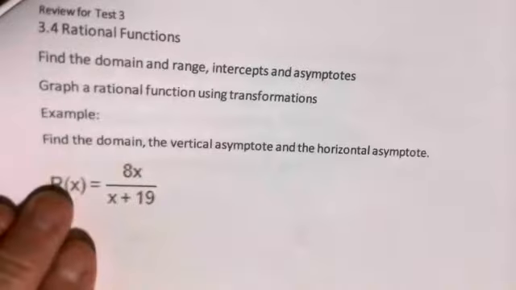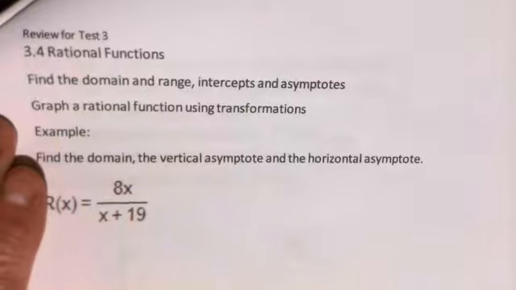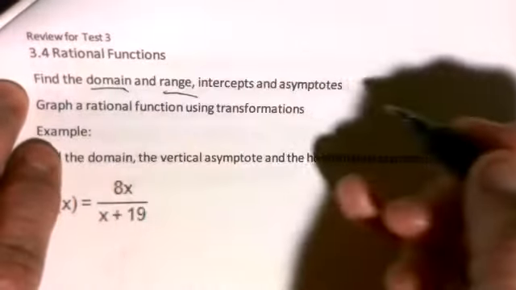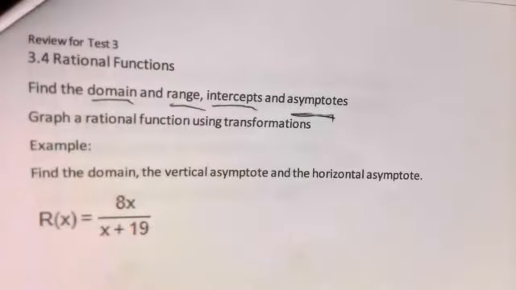And then we talked about rational functions. The things we're going to need to be able to do with rational functions: find the domain and range and the intercepts, and rational functions may have asymptotes.